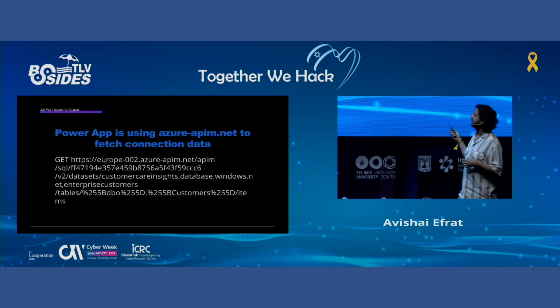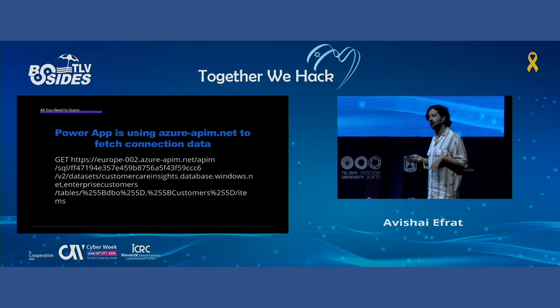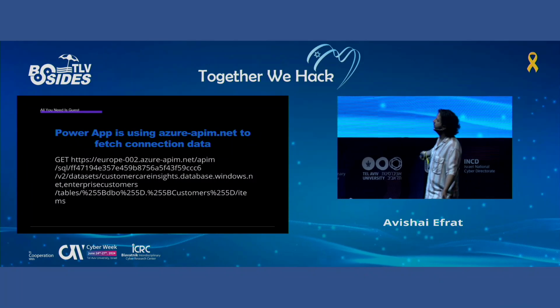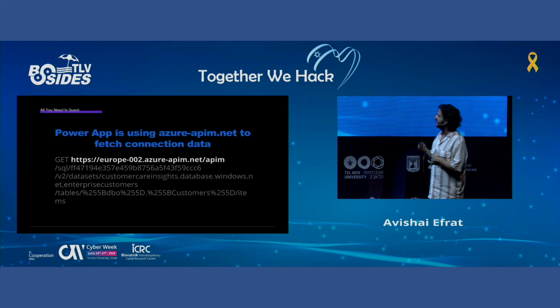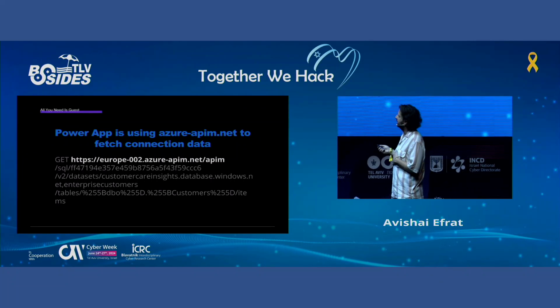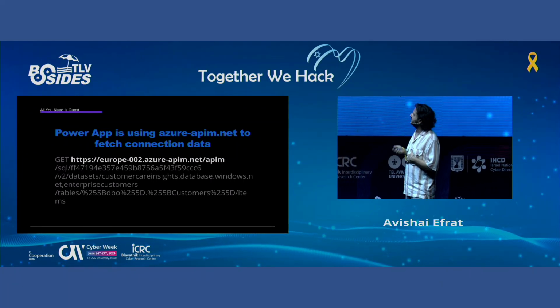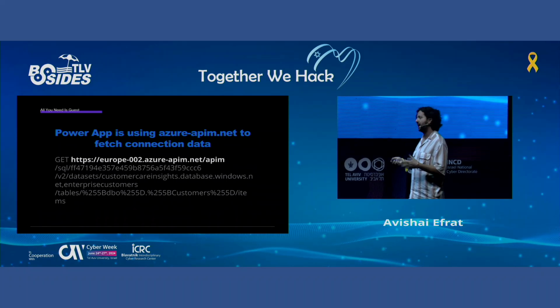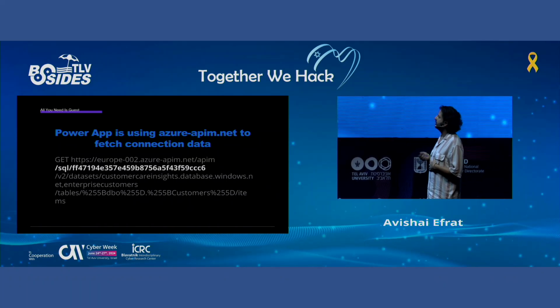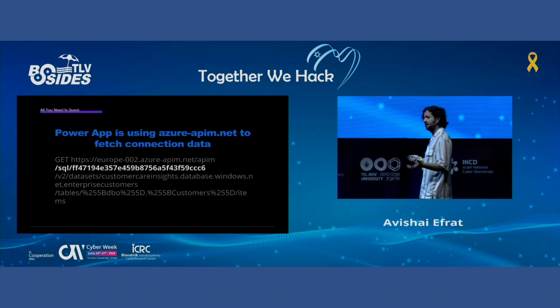Let's copy this request to the side, okay? Let's just look at it as a curl request or whatever. We can see we have a GET in this example. Could have been, by the way, another method. And we can see that there's a domain here, the APIM, the API hub that we talked about that allows us to get this information. Then we can see SQL, which is the data source, right?